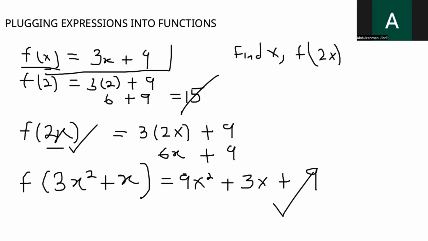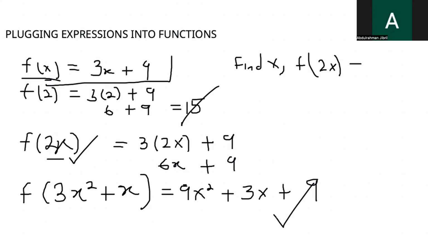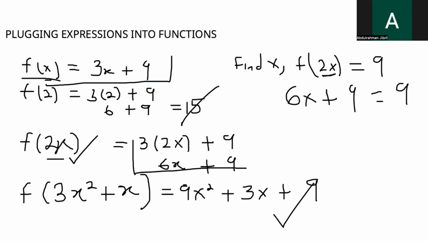In this case, you do what we did initially by just substituting 2x for x in the original equation, which we've done already here, which is 6x plus 9. So you have 6x plus 9 equals 9. In this case, 9 cancels this 9, and you are left with 6x equals 0. If 6x equals 0, then x equals 0 as well. So x equals 0. That is it.